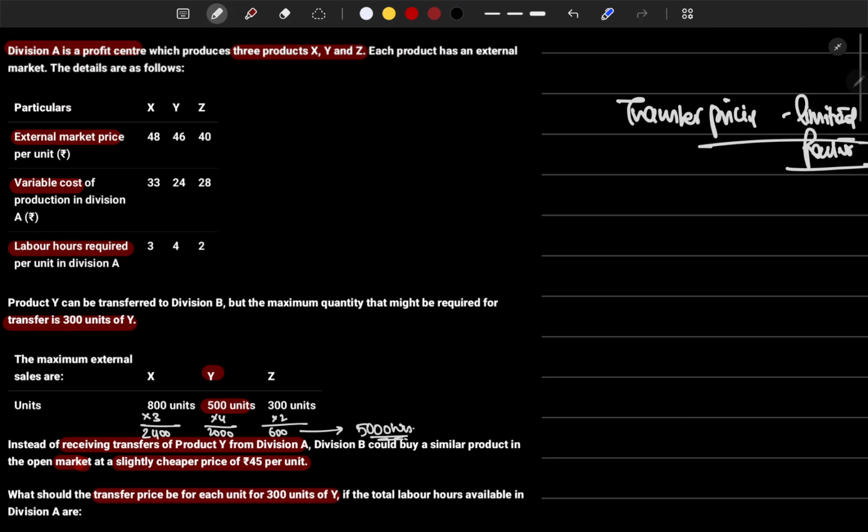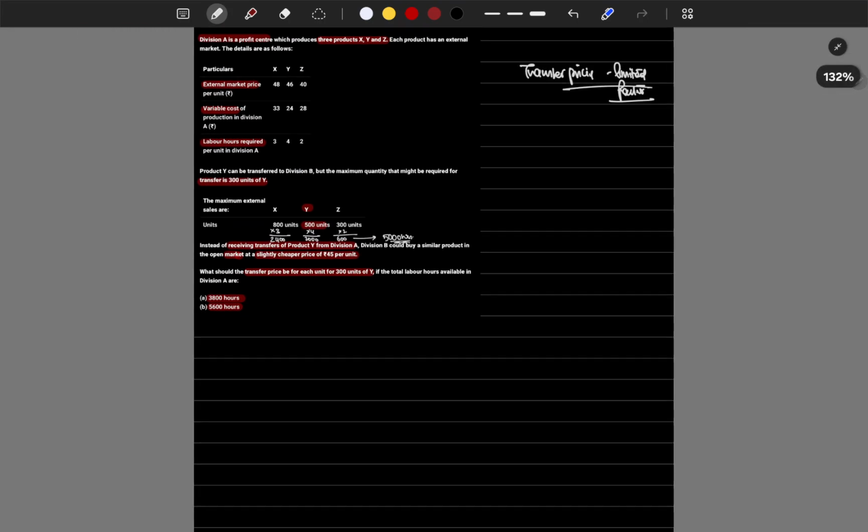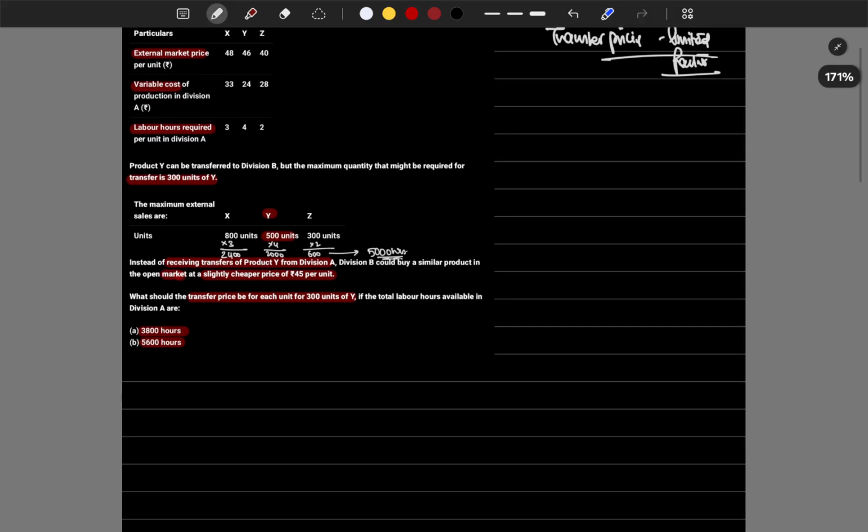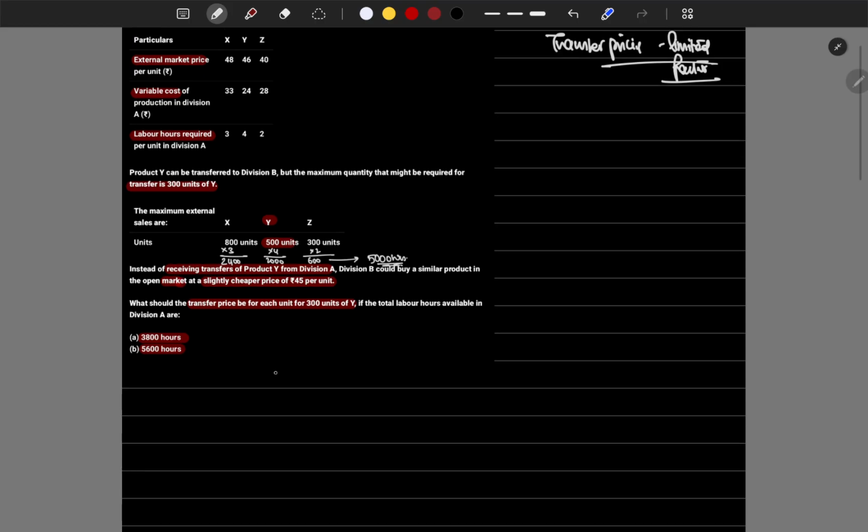Let's quickly calculate the contribution per labor hour required. Particulars, in rupees: what's the sale price for X, Y, Z?